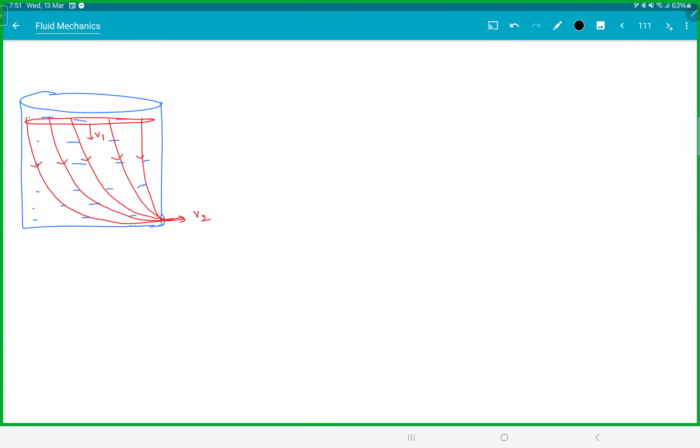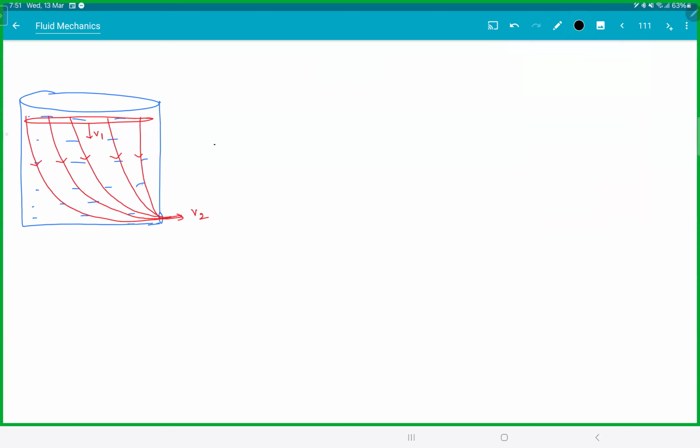And let the height of the liquid be h. So this point on the surface is 1 and point 2 is outside, just outside the hole.